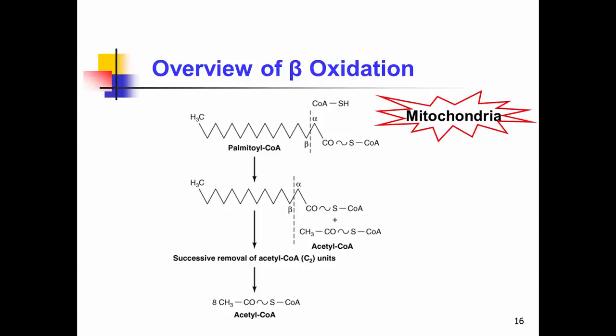Palmitate has 16 carbons, so complete oxidation of 1 palmitate molecule will generate how many acetyl-CoA? 8, right?